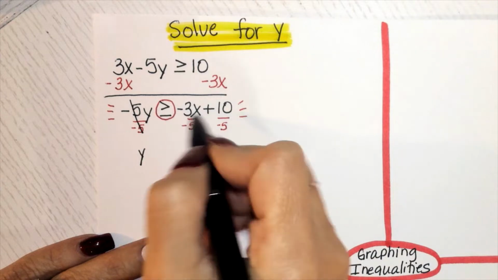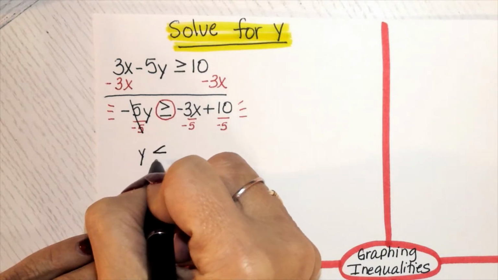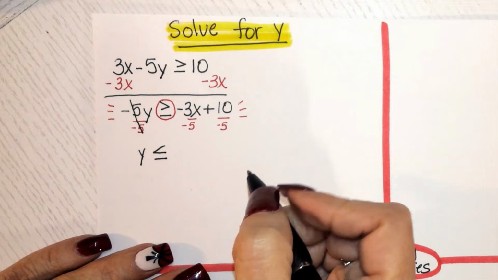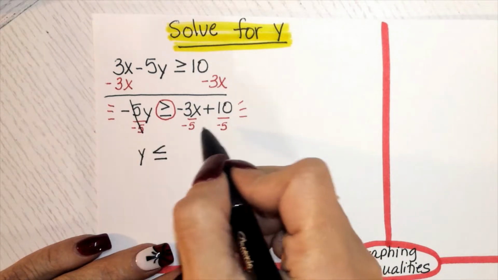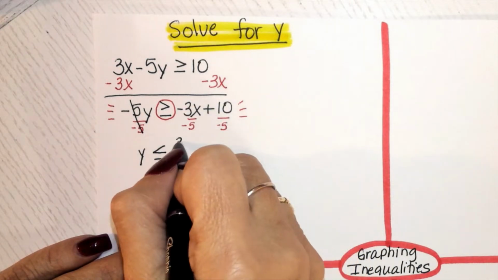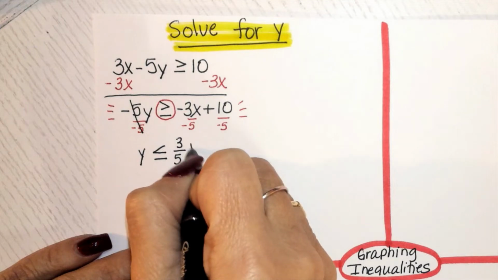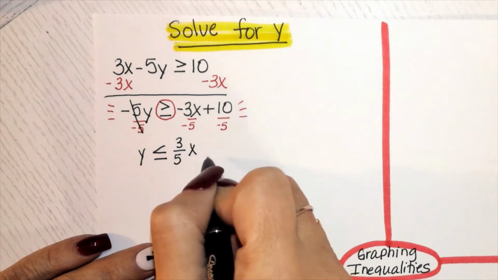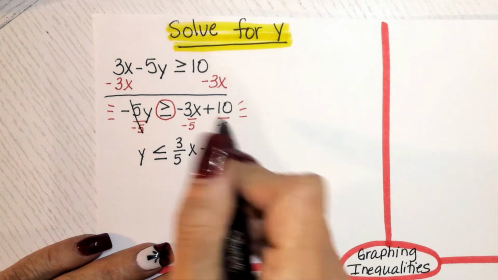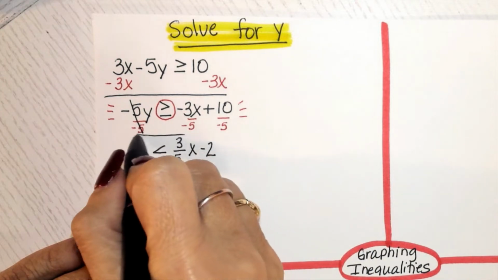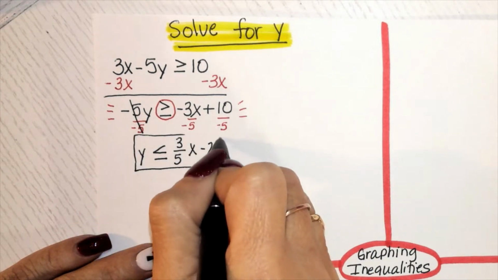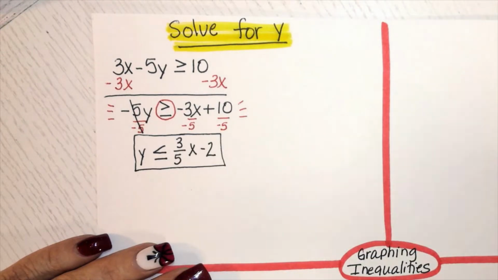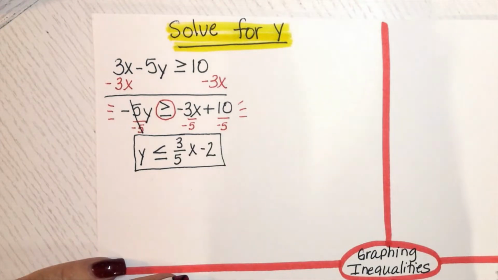This is pointing to the right. Well, I have to flip it and point it the other direction because I divided by a negative. Negative over a negative becomes a positive. 3 over 5, keep the x. 10 divided by negative 5 is negative 2. And this is my equation that I get. And so what we're going to be doing is a lot of solving for y. Lots and lots of that.